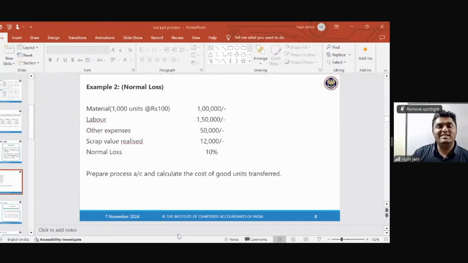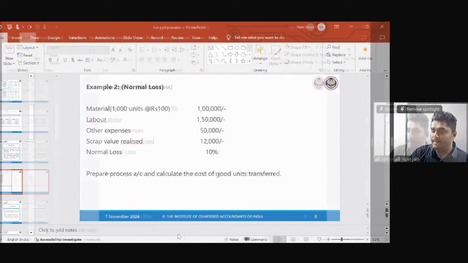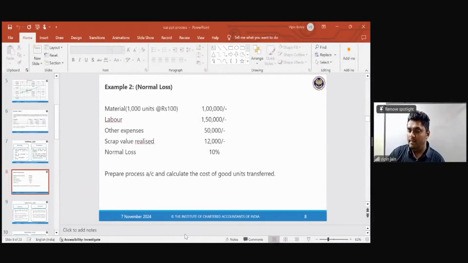So now let's discuss a very basic question. I request you to please take the screenshot of this question. It's a very basic question. Example number 2, normal loss, wherein there is an input of 1000 units at the rate of rupees 100.